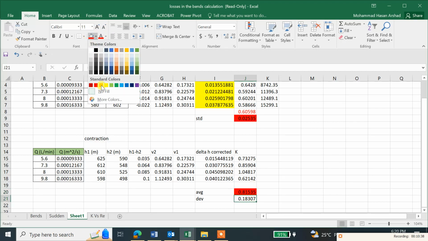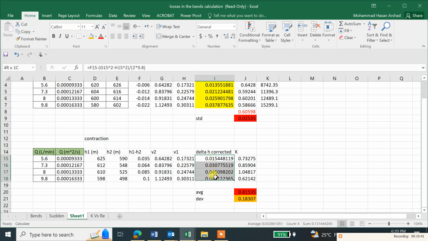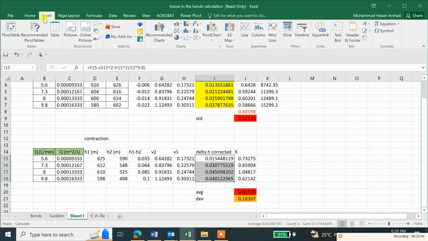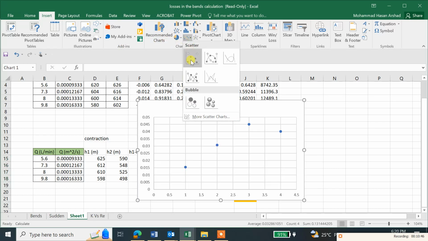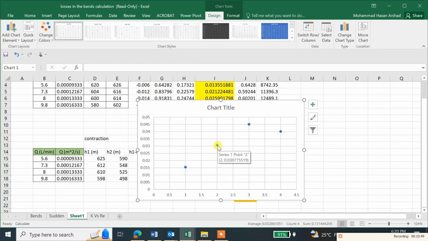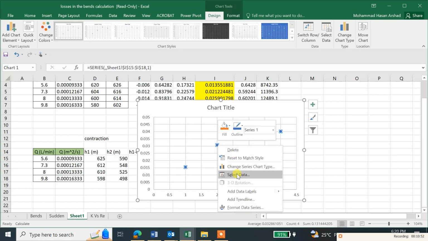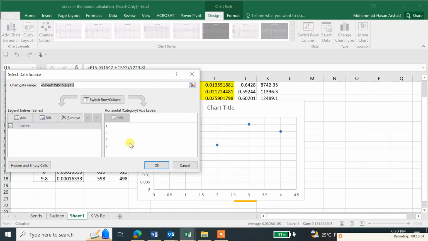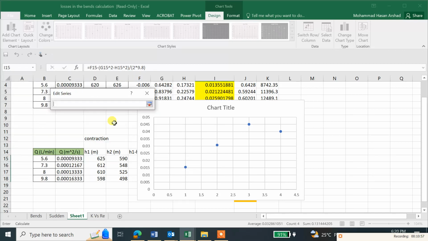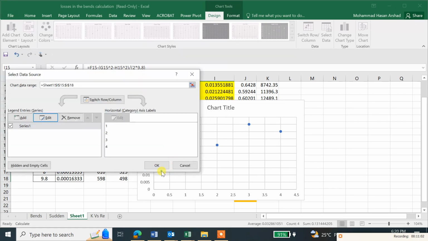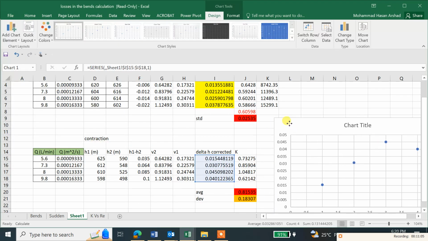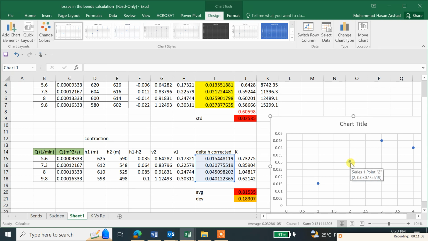For the plotting, again you will plot delta H corrected. This value is really low, 1.6.